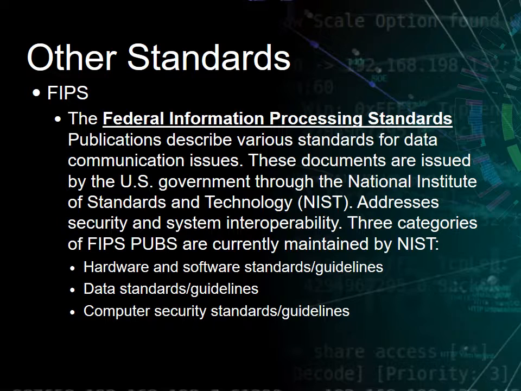A lot of businesses have adopted them either because they're doing business with the government or they see these as being pretty stringent standards that only serve to help their organization do better. In this particular case, remember that the FIPS standards cover hardware and software standards, data standards, and security standards. And we're going to see FIPS again later.